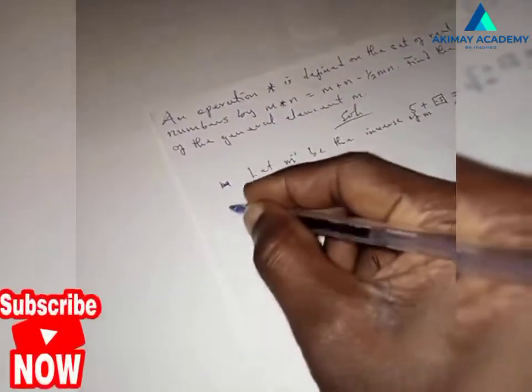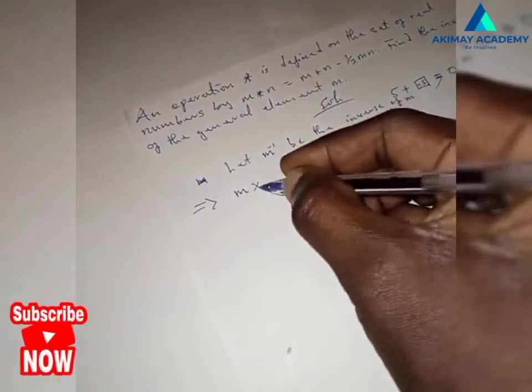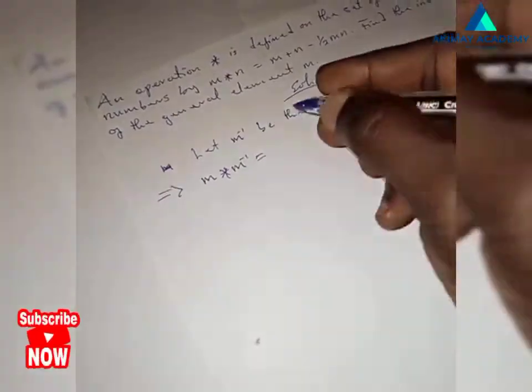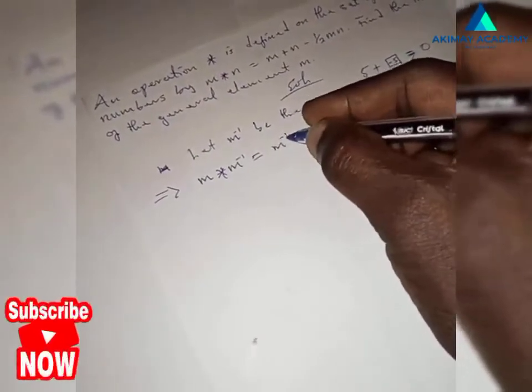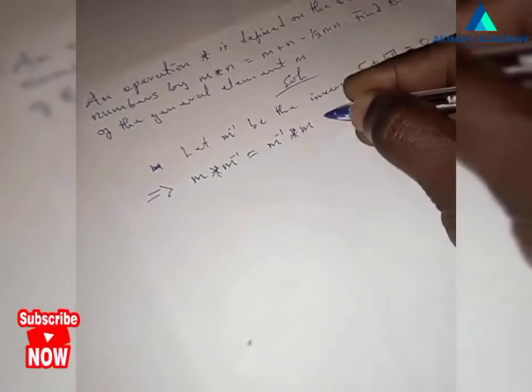Then we state that m asterisk m inverse, because we just made an example over here, should be equal to m inverse asterisk m, and the answer that we are going to get should be the identity element.